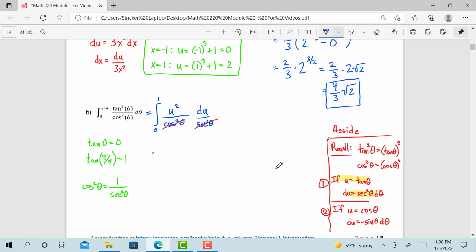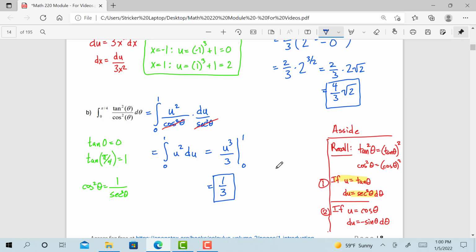It just becomes the integral from 0 to 1 of u squared du, which is a simple power rule problem. Raise the power by 1, u to the third, divide by that power. We're going to evaluate that between 0 and 1. And when we do that, we get 1/3 is our answer.